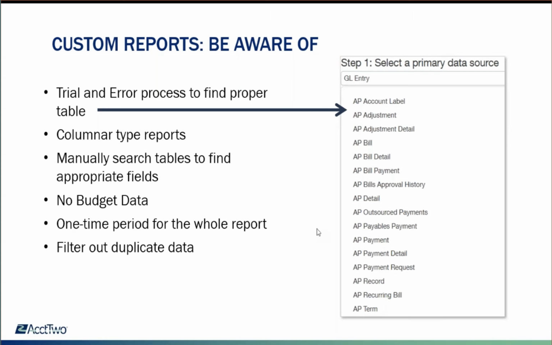Now, as I've mentioned, there is a little catch in that this is raw data, so you may need to filter out duplicate data. Just be aware of that. Once you create this report, you would maybe tie it out to a trial balance or a GL report or something, depending on what kind of data you're pulling.